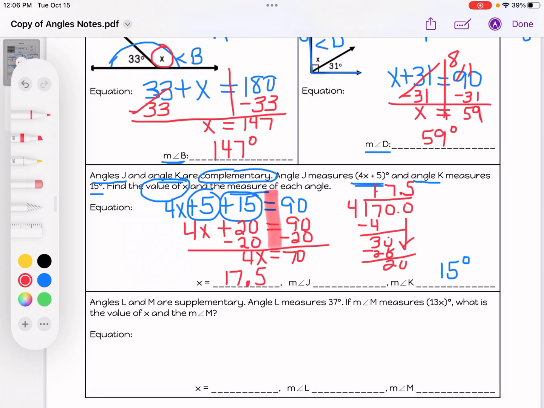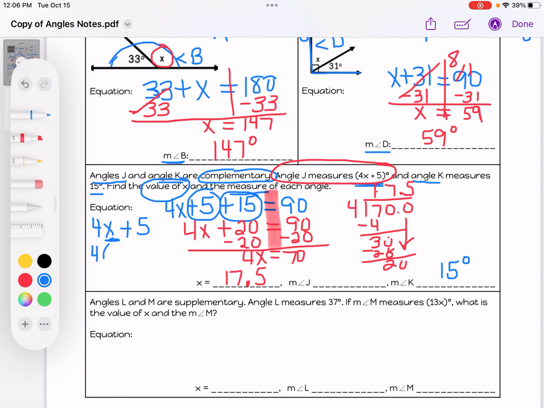But notice angle J is not just x. It's 4x plus 5. So what we have to do is, in 4x plus 5, wherever we see an x, we have to replace it with 17.5.